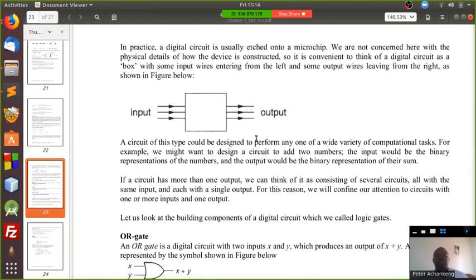All right, so a digital circuit is made up of something called logic gates. Logic gates form the building block of any digital circuit. So logic gates are the smallest components of a digital circuit.